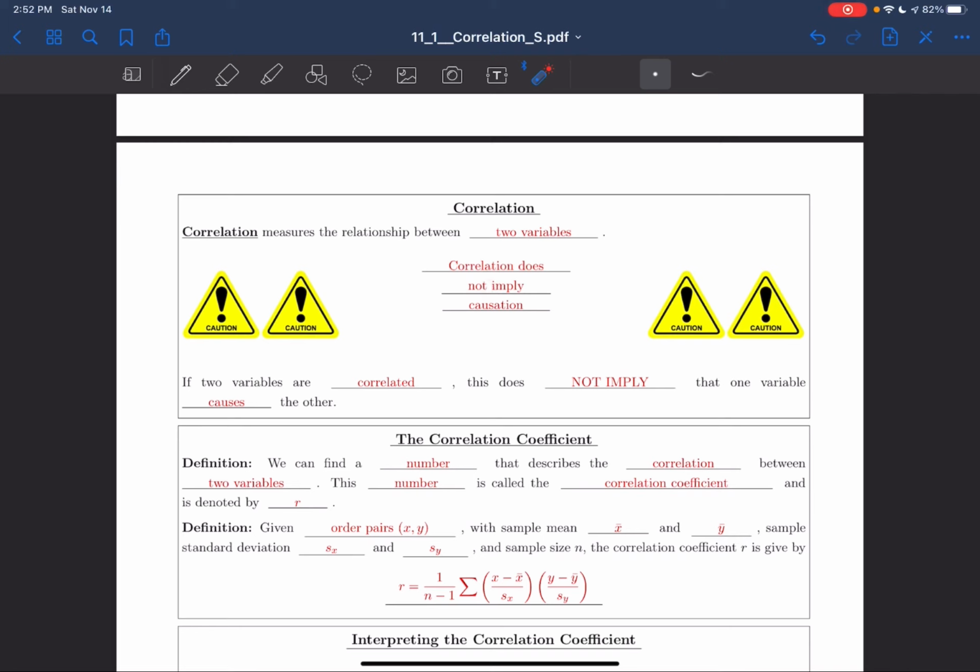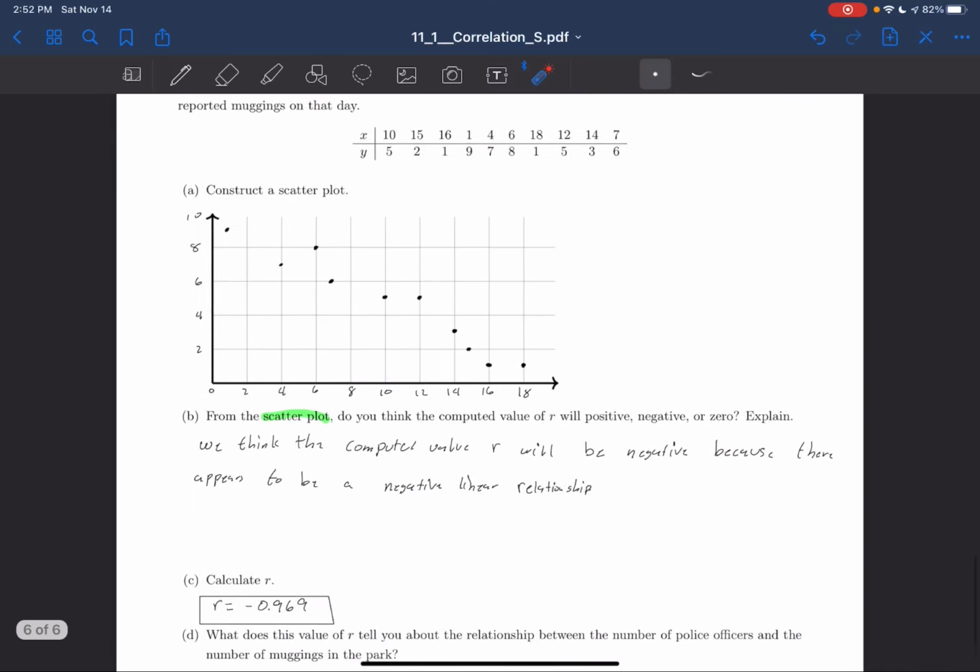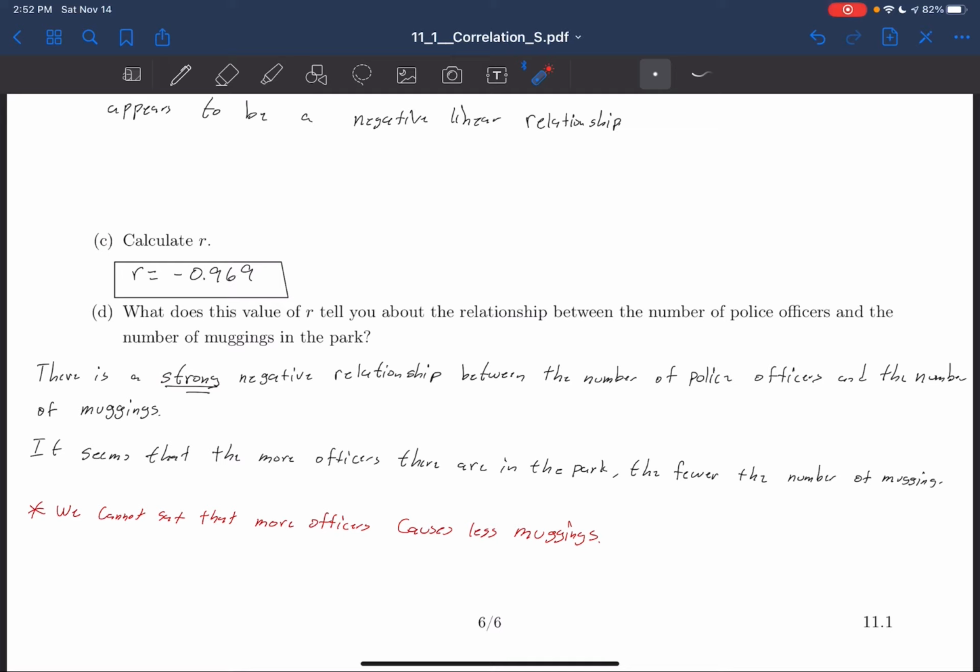If two variables are correlated, this does not imply that one variable caused the other. So that goes the same with this example. Great.